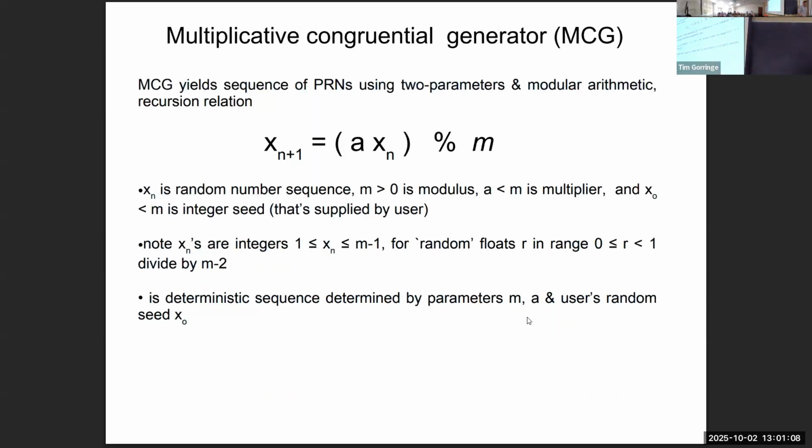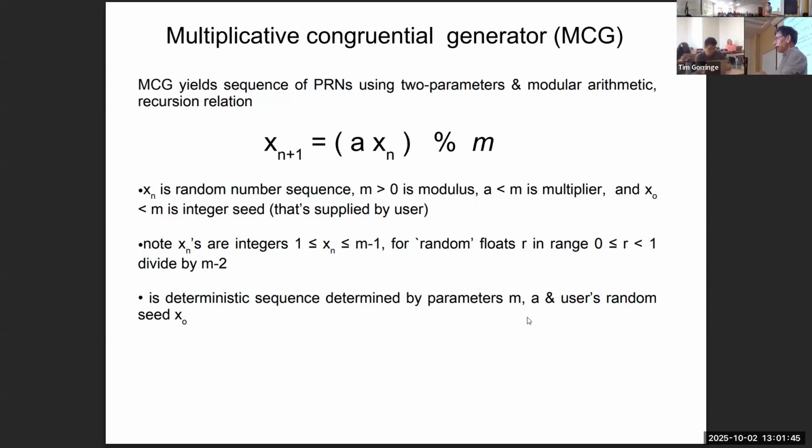Okay, so here's the concrete answer to the question of what is the complicated mathematical formula. This is the formula that's used in multiplicative congruent random number generators. It's this little equation here. In this equation, xn is, think of the sequence of random numbers, xn is the current random number, and xn plus one is the next random number.